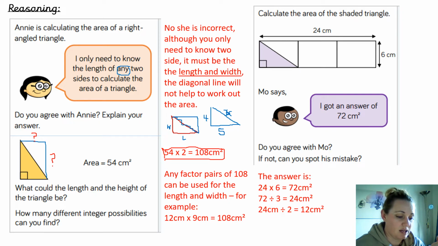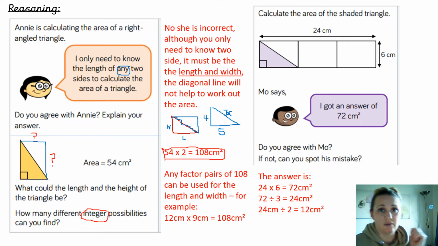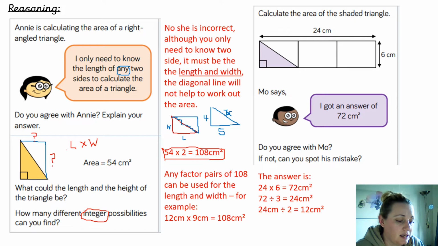When it says how many different integers can you find, it just means how many different factor pairs can you find. Okay? And then if you did want to check that, you could do length times width and divide it by 2. So we'd do length times width, which we said is 12 times 9, 108 divided by 2 equals 54. So we know we've got that one right.